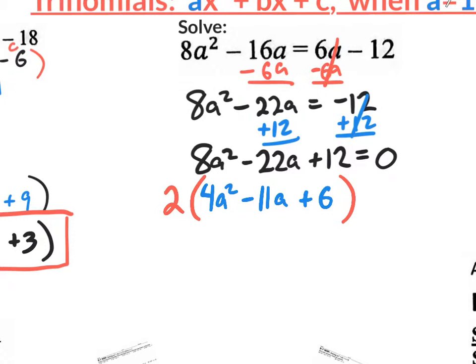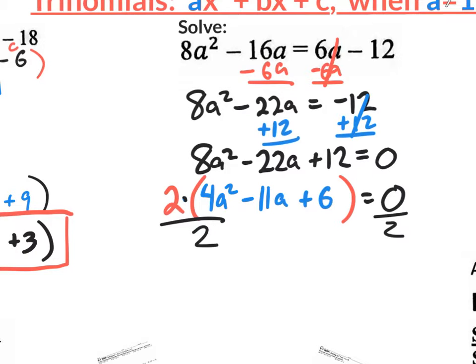Perfect. Now, we could actually do this at this time because it's an equation. See, the beauty of an equation is that you can do anything you want to an equation as long as you do it to both sides. So, ladies and gentlemen, if you don't want this outside multiplication of 2, you could technically divide the left side by 2 and divide the right side by 2 if you wanted to.